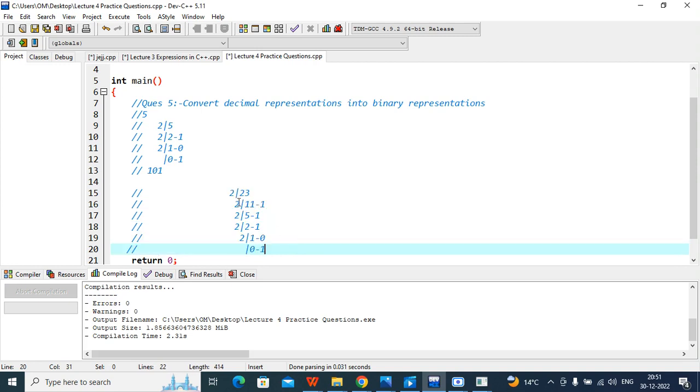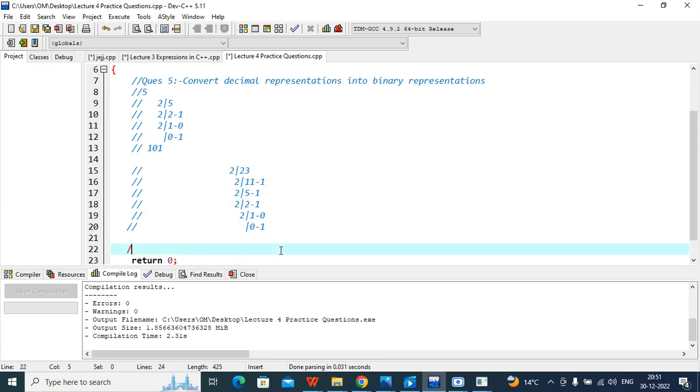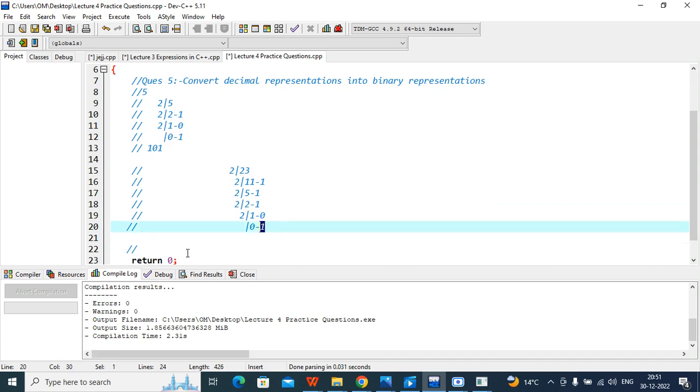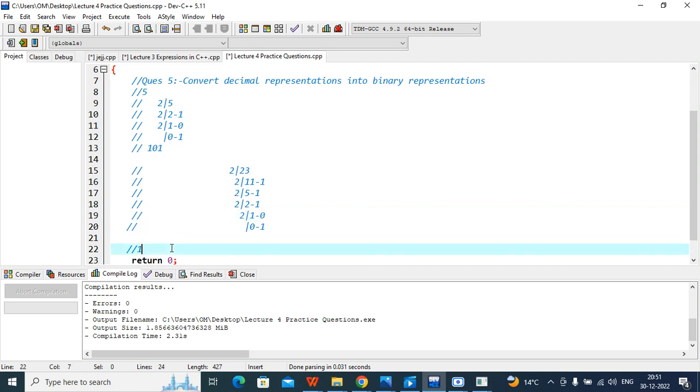I just have taken the LCM of this 23 with this 2, right? And I got this remainder sequence, right? So as I told you, start reading this sequence from bottom to top. This one will give you 1. This is 0.